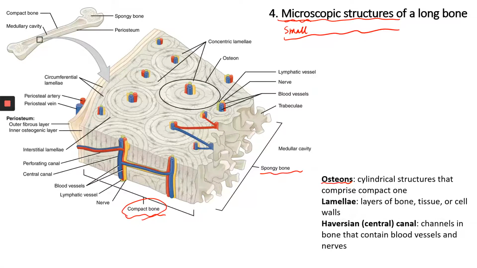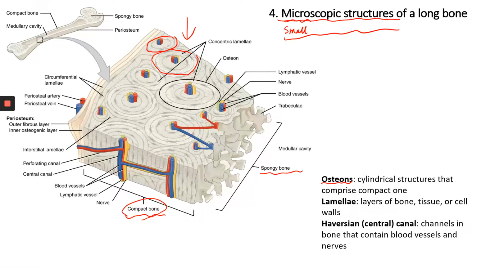When you think about the bone synthesizing cells producing the bone matrix of compact bone, they're basically making osteons. So what do osteons look like? When you look at this picture down here, you see some circular structures. This is one osteon, and this is another osteon, but they're not really circular because we're looking at a 2D image.